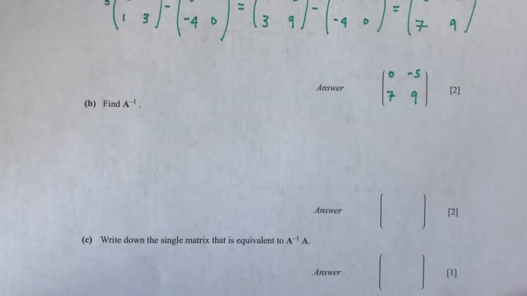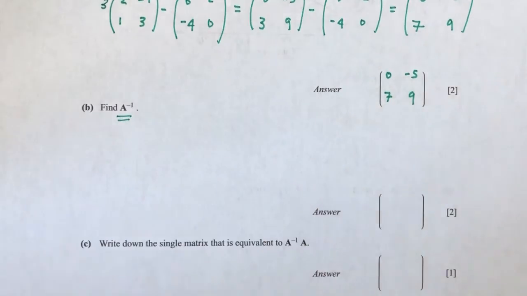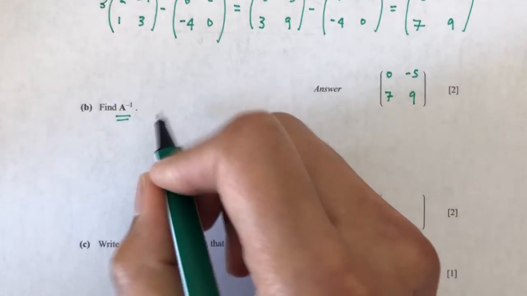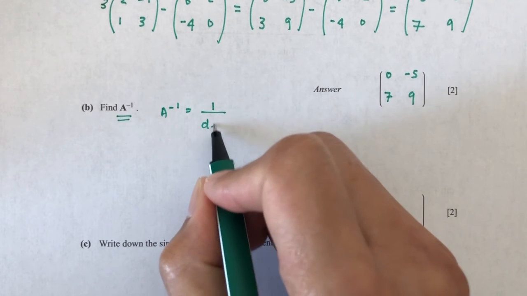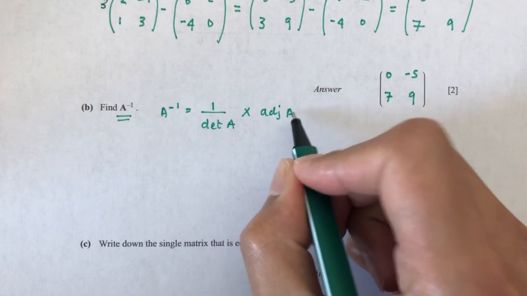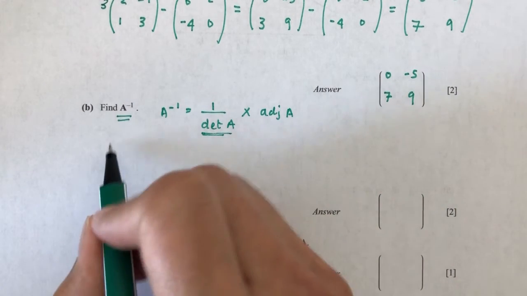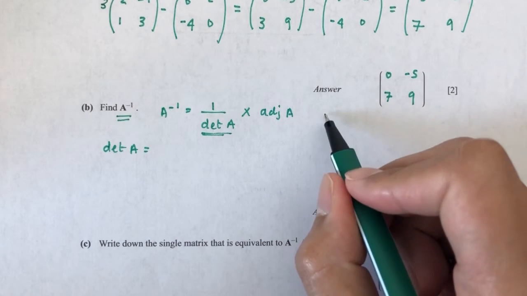Okay, so now for part B, we have to find A inverse. So how do you find A inverse? We know A inverse equal to 1 over the determinant of A times the adjoint matrix of A. So what is the determinant of A? Let's write down the matrix of A first.